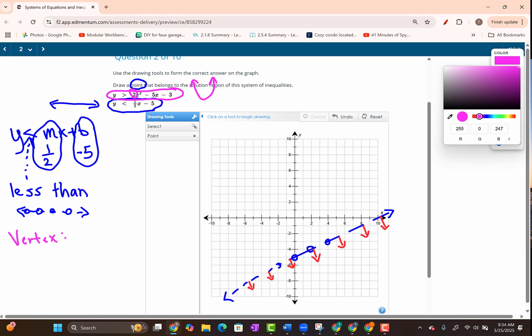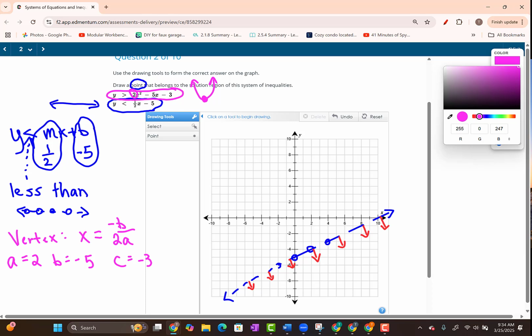To find the vertex, we're going to use the formula -b/2a. This will give us the x-coordinate of the vertex. Remember, the vertex is this minimum point. If we look at this problem, our a, b, and c are the 3 coefficients. So the a is 2, the b is -5. We don't really need the c, but I'll put it, -3.